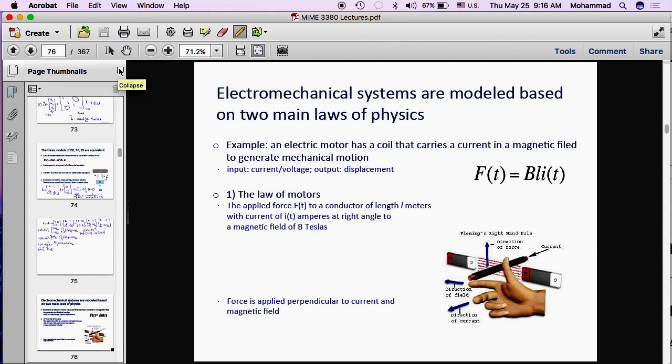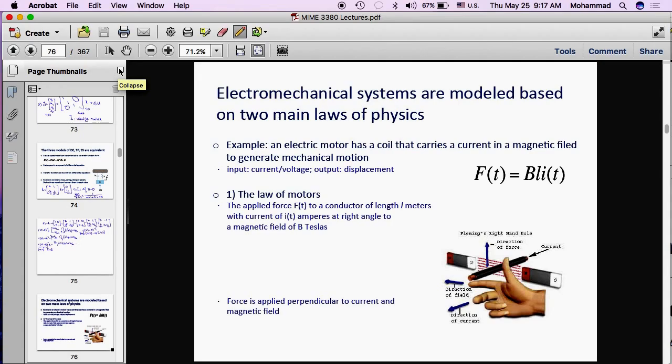The law of motors says if you have a wire of length L carrying current I in a magnetic field that is perpendicular to the direction of the current, this interaction will create a force F that is equal to B times L times I. And not only that, the direction would be perpendicular to both the direction of I and the direction of B, following the right-hand rule.